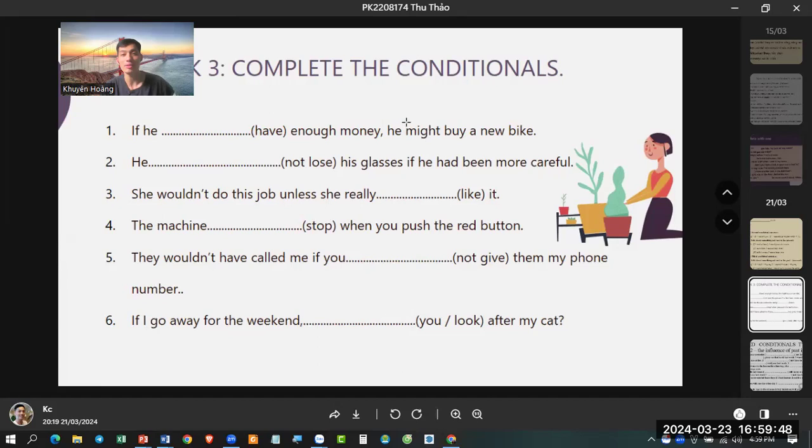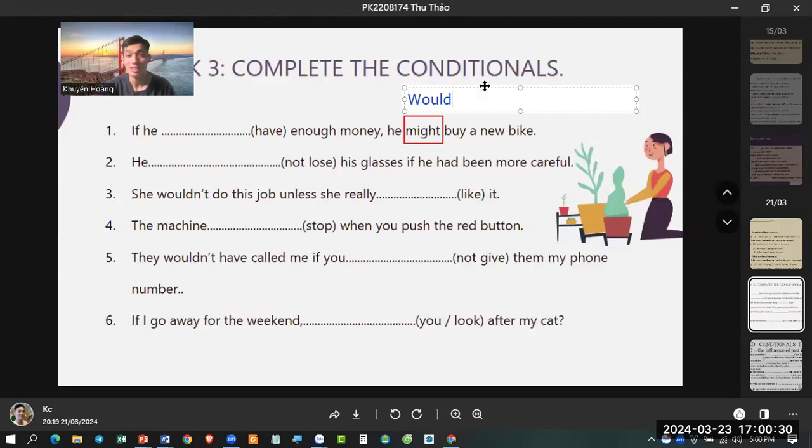Because when you see this, this is might. Might is the past of may. If this is the word will, it must be would. Would have, would not have, would buy. Would buy is the past form of the future simple tense.